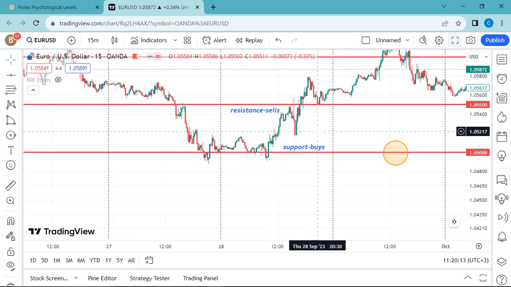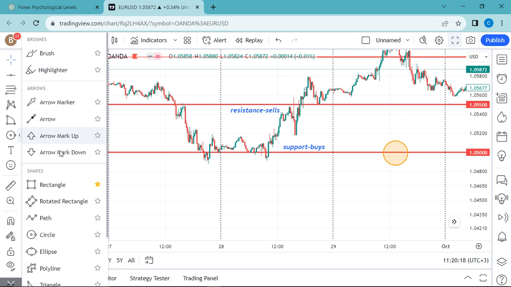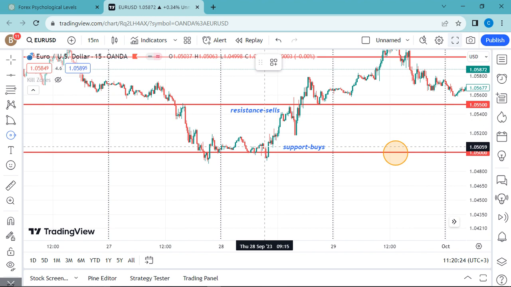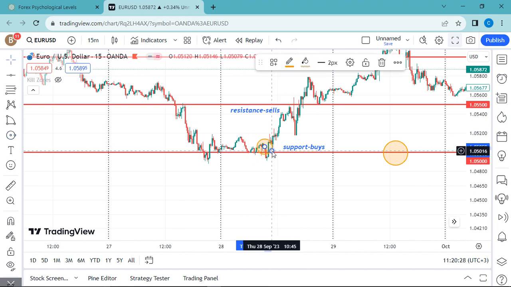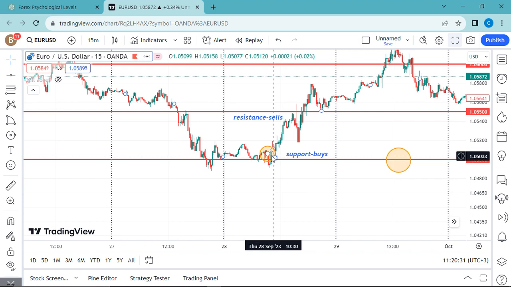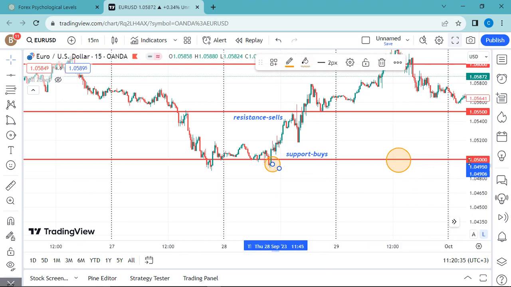Okay, so check here, guys, what happened. Let's just look at this point. When price touched this psychological level, this 1.0500, what happened?